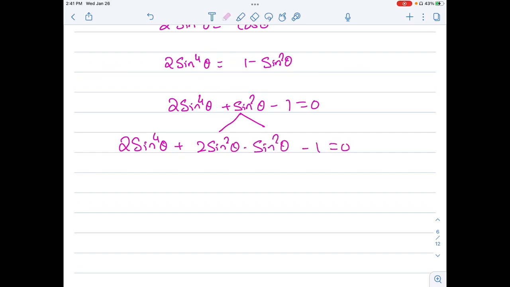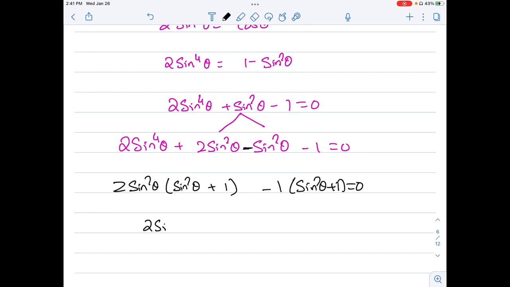I can take 2 sin square theta common, which leaves sin square theta plus 1. Then minus 1 common, sin square theta plus 1 is equal to 0. So I get 2 sin square theta minus 1 times sin square theta plus 1 is equal to 0.